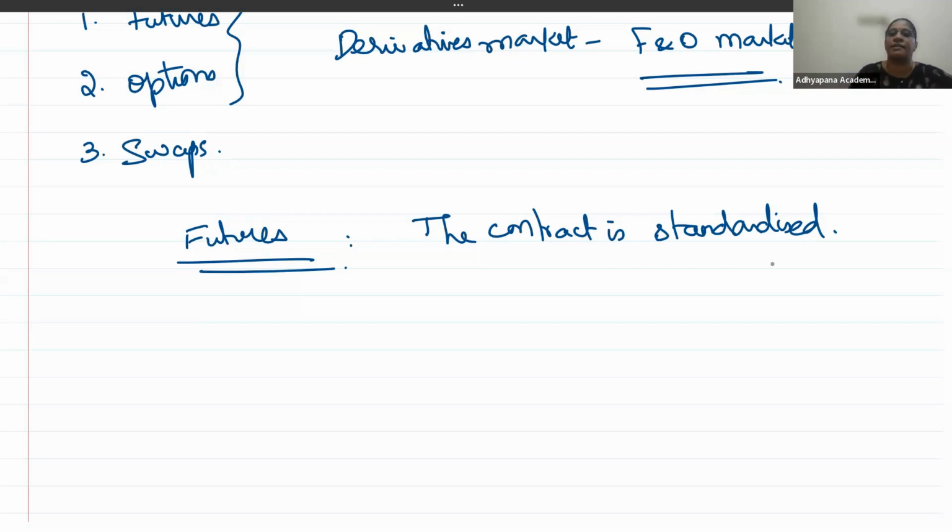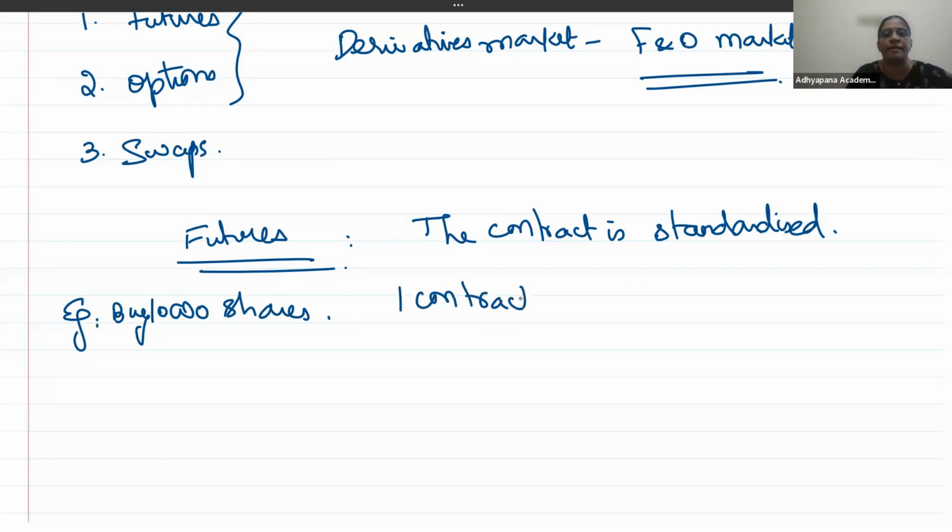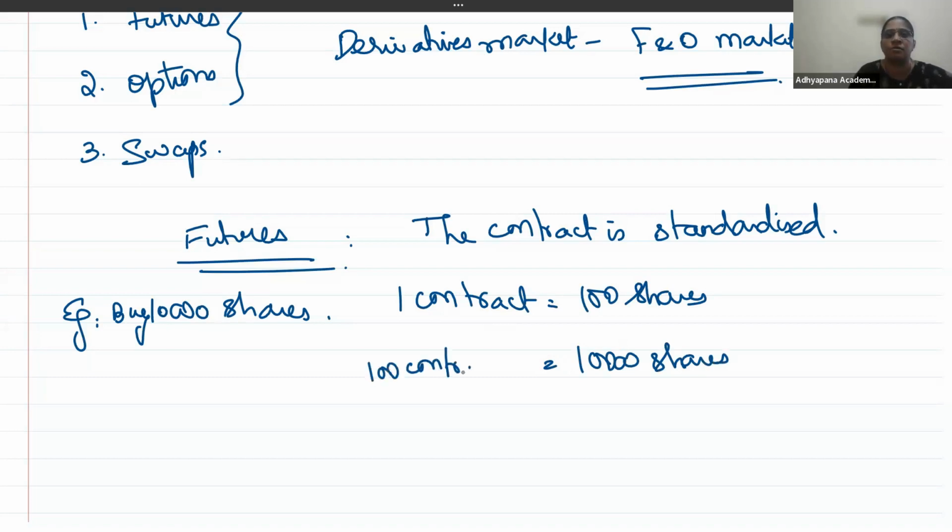Okay, so the contract is standardized. What do you mean by the contract being standardized? Just as an example, if I want to buy 10,000 shares, and one contract is worth 100 shares, for 10,000 shares how many contracts will you enter into? 100 contracts.